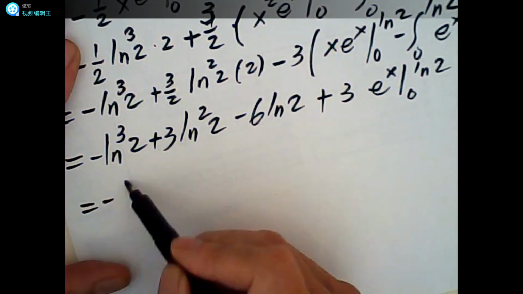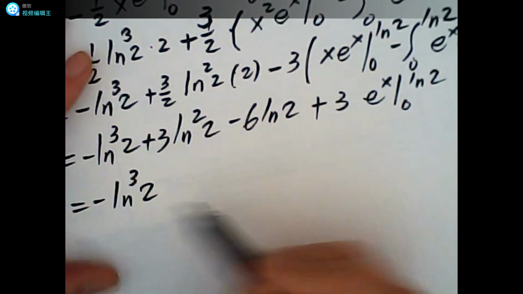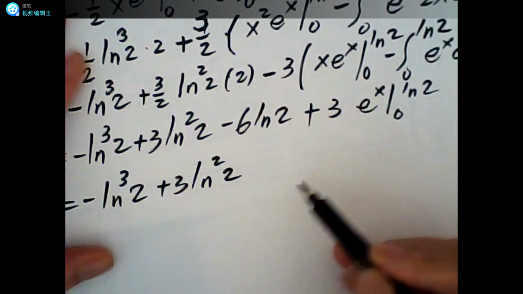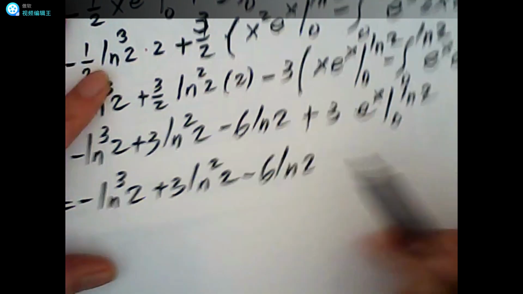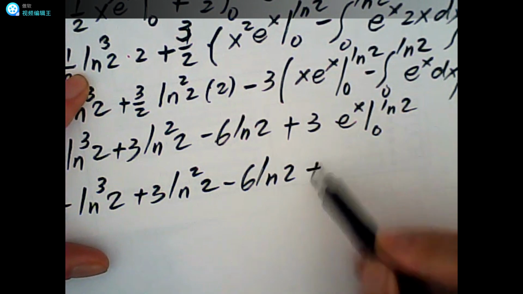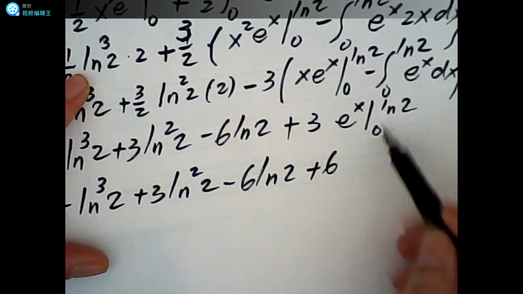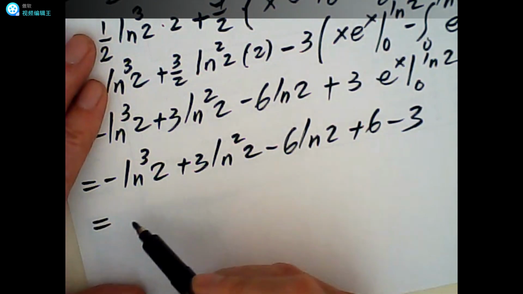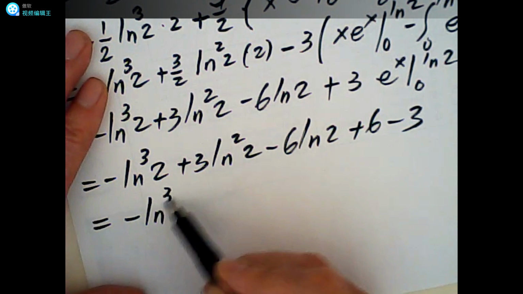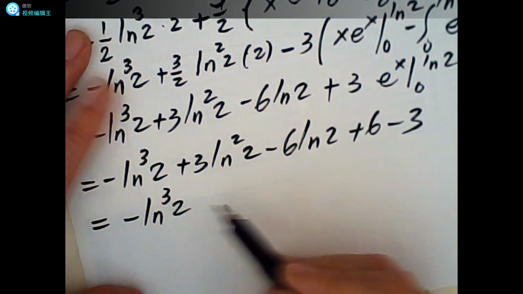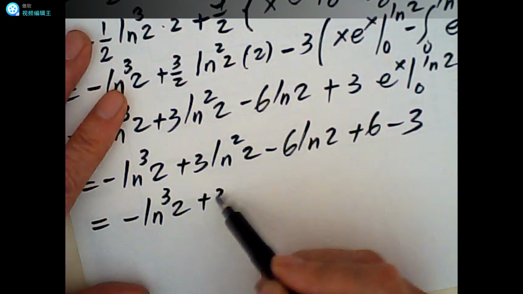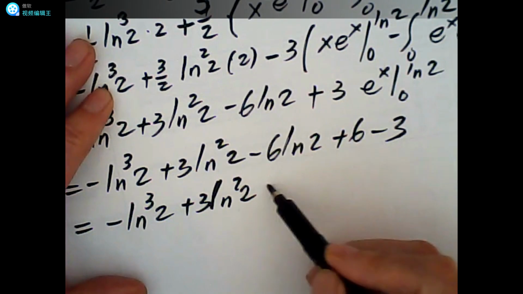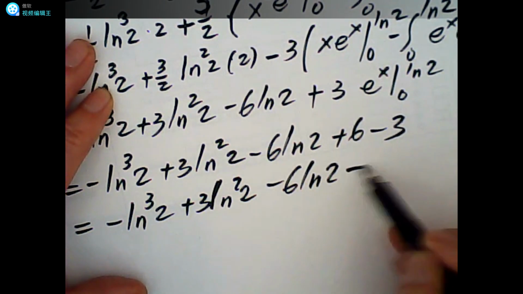So this will be negative log cube 2 plus 3 log square 2 minus 6 log 2. This will be 2, it's 6, right? And minus 3, yeah. So finally we get to this result: minus log cube 2 plus 3 log square 2 minus 6 log 2 plus 3.